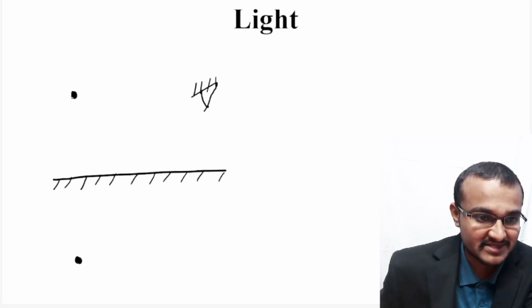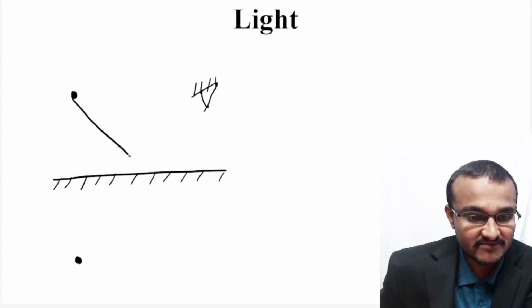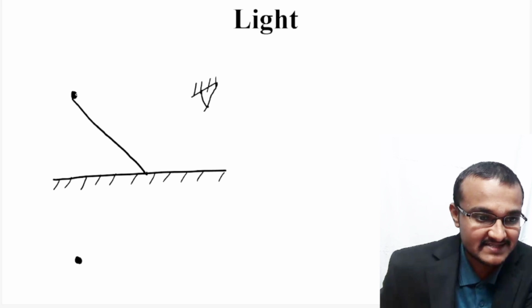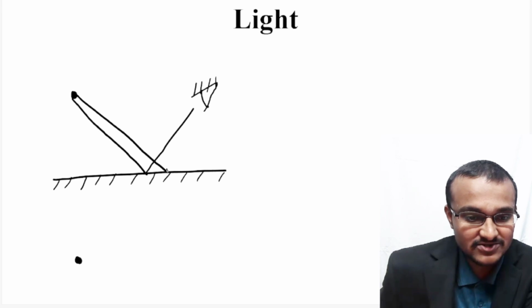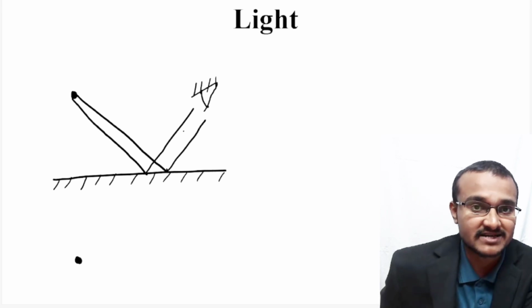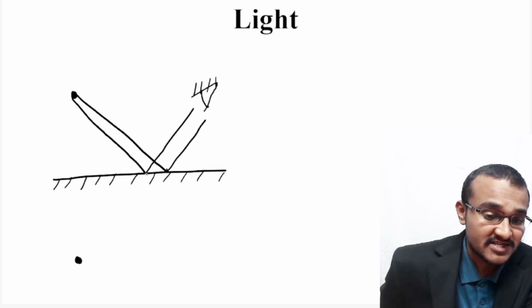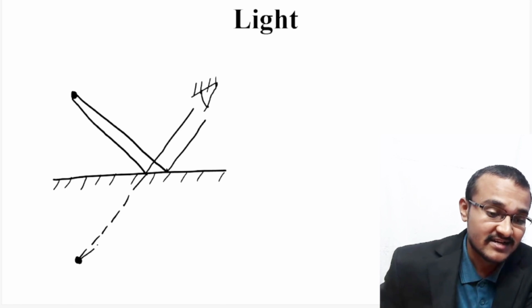Here what happens is that there will be light coming from this particular object, and it is falling on this particular mirror plane, and it is getting reflected, and you are able to see this particular object. But the object which you are seeing is the virtual image which has been generated on the other side of the mirror.